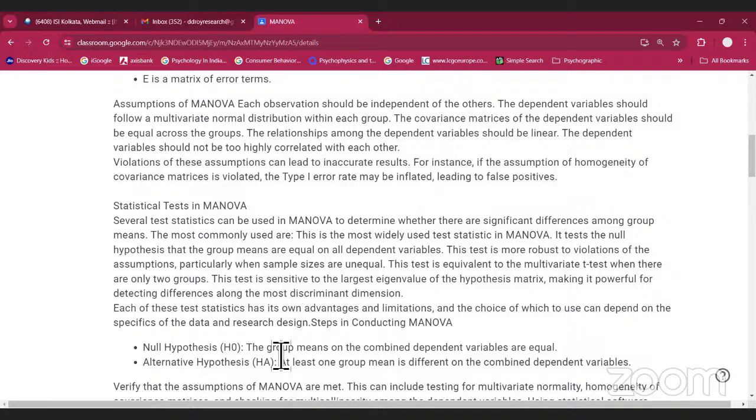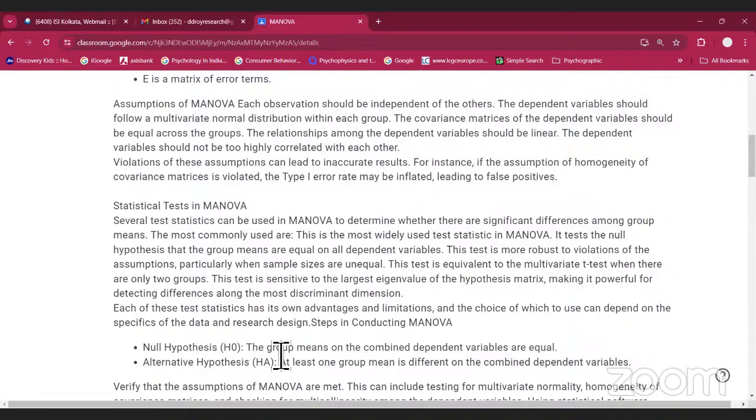Next. This test is equivalent to the multivariate t-test when there are only two groups. This test is sensitive to the largest eigenvalue of the hypothesis matrix, making it powerful for detecting differences along the most discriminant dimension.